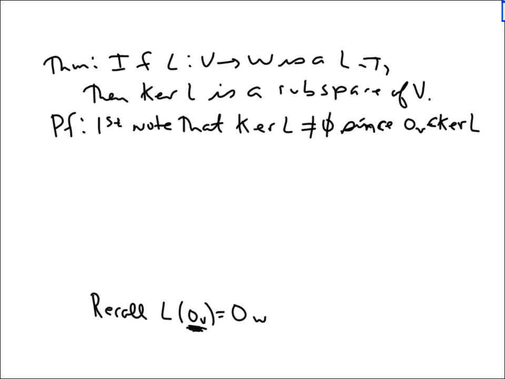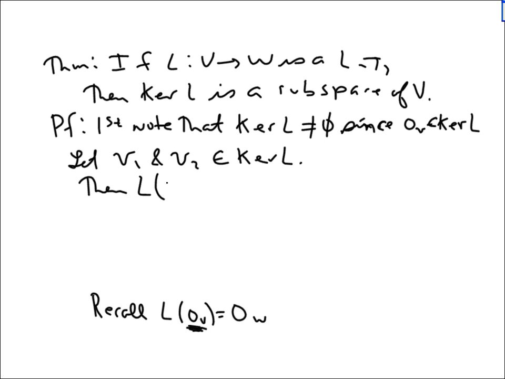Okay, so now we need to show two things to show a subspace. We need to show that it's closed under addition and closed under scalar multiplication. Let V1 and V2 be in the kernel of L. That is, L of V1 is 0 and L of V2 is 0.